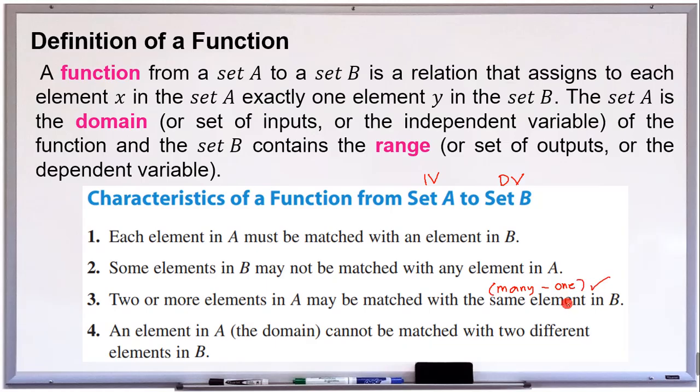So this is a function. Now for number 4, an element in A, which is the domain, cannot be matched with two different elements in B. So this is under case 2, in which we have a one to many relation. So we cannot call this a function.